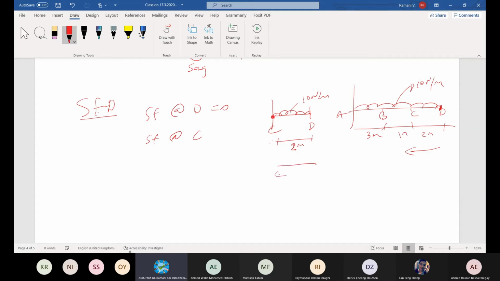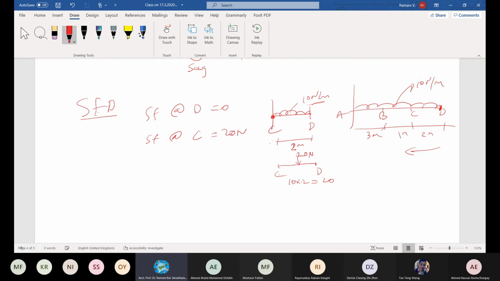To change the UDL into a point load, you do 10 times 2, 20. Last time it was 10 Newton per meter. Multiply by the running meter, and you will have 20 Newtons. Now it is easy to find the value. So the load is equal to 20 Newtons.